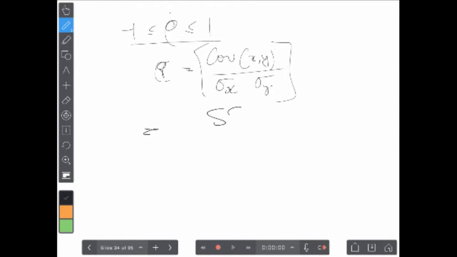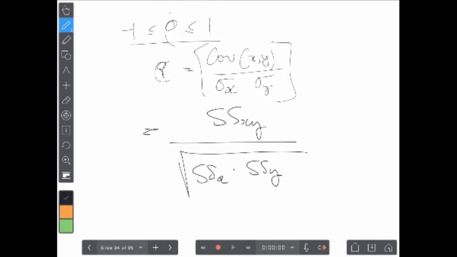It goes like this: SSXY over the square root of SSX times SSY. And please note that SSX is not the same as S of x, which is the standard deviation. This here is standard deviation, but this is not quite the standard deviation. That is the sum of the squares. We need them to calculate standard deviation, right?